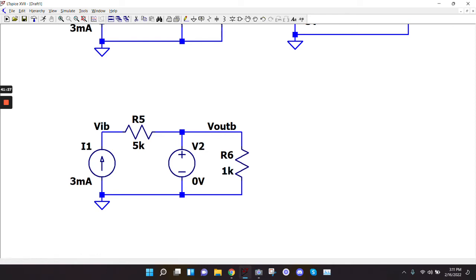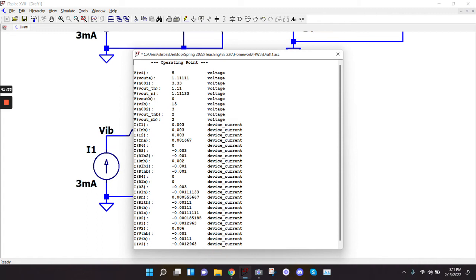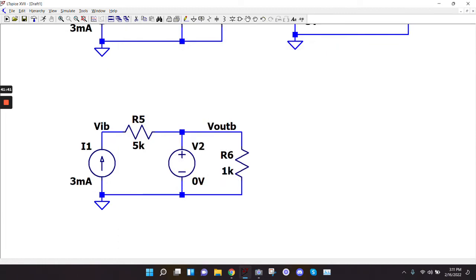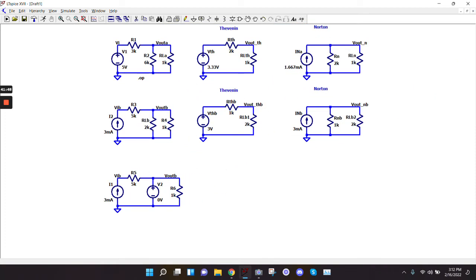So what did we measure it to be? 3 milliamps? Yeah. So my I through V2 should be 3 milliamps. I through V2 is 6 milliamps. What? What did I do wrong? Is there another V2? I don't think there is.